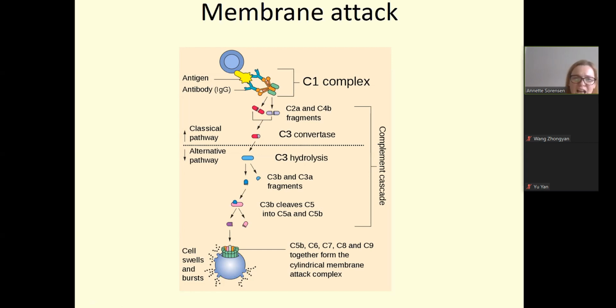And that has activated a whole cascade of different complement events, leading to the assembly of this cylinder membrane attack complex. So it consists of a different range of complement proteins, and that is inserted into the membrane of the cell. And obviously the cell will swell and it will burst because of external fluid entering into the cell and bursting it.